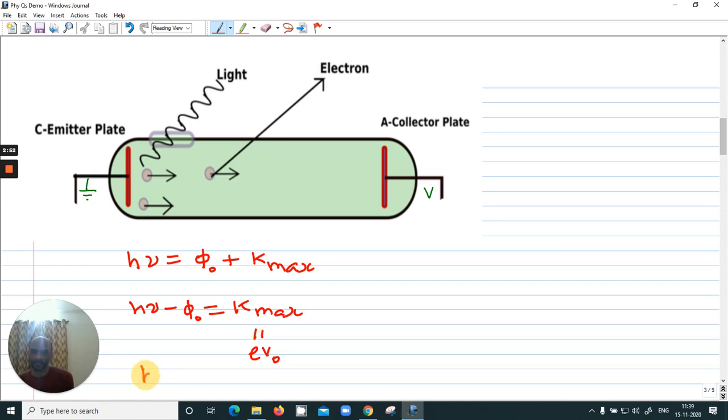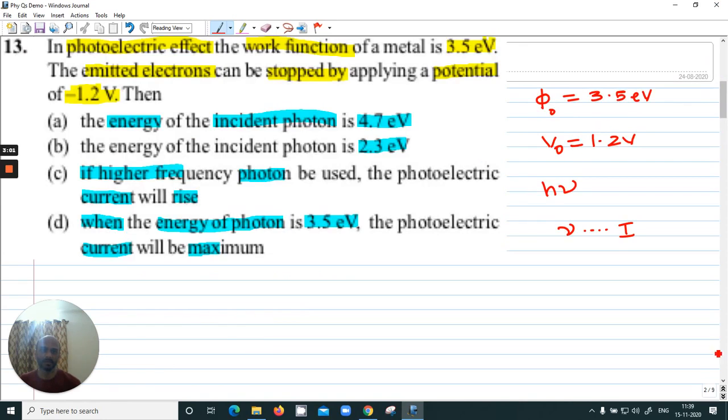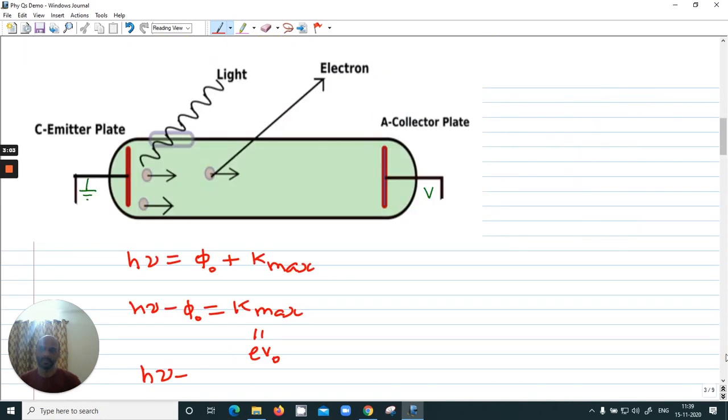So from this we can find the energy of the photon using the value of the work function given in this question. Work function is 3.5 electron volts. And the value of the stopping potential is 1.2 volts, so this is 1.2 electron volts.